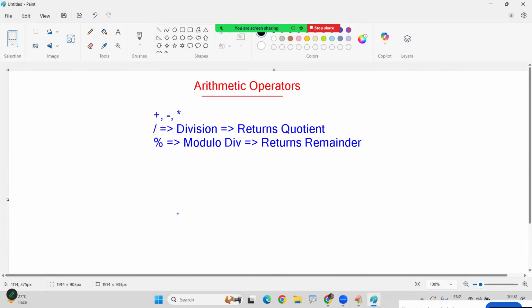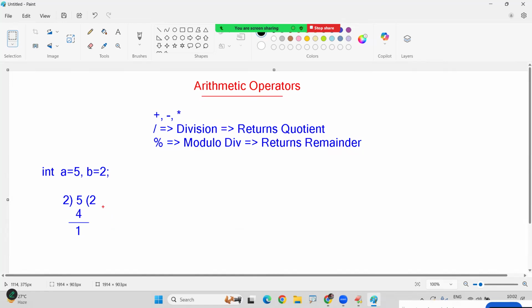See, a simple example I'm giving. Integers I'm taking. Just remember. A equals 5, B equals 2. I'm just dividing 5 by 2. 2 twos are 4 and the remainder is 1.